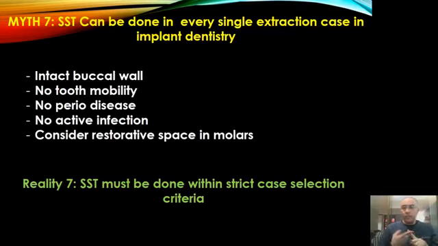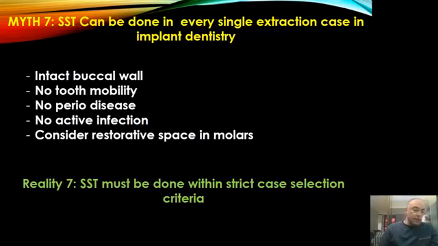No tooth mobility. We don't really do anything with periodontitis or mobility of the tooth, because it's going to affect the mobility of the shield itself. So no periodontitis, no active infection around the tooth, and we always need to consider the restorative space, especially in the molar area. Personally, I have not done a lot of molar socket shields.